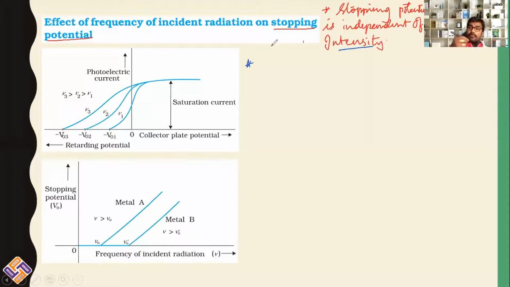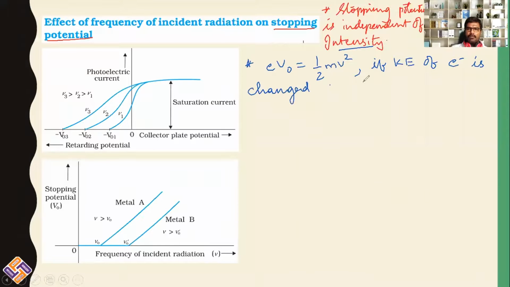Then on what factors does stopping potential depend? We know that eV naught is equal to half mv square. If the kinetic energy of electrons is changed, V naught will be changed.